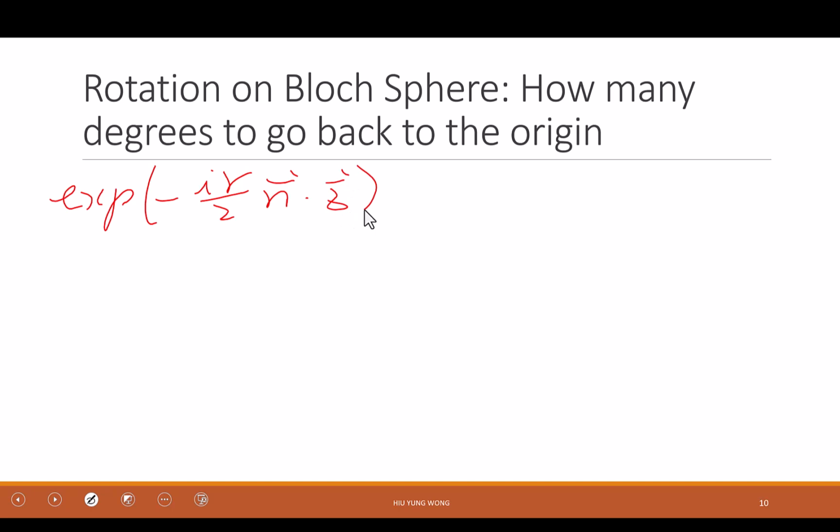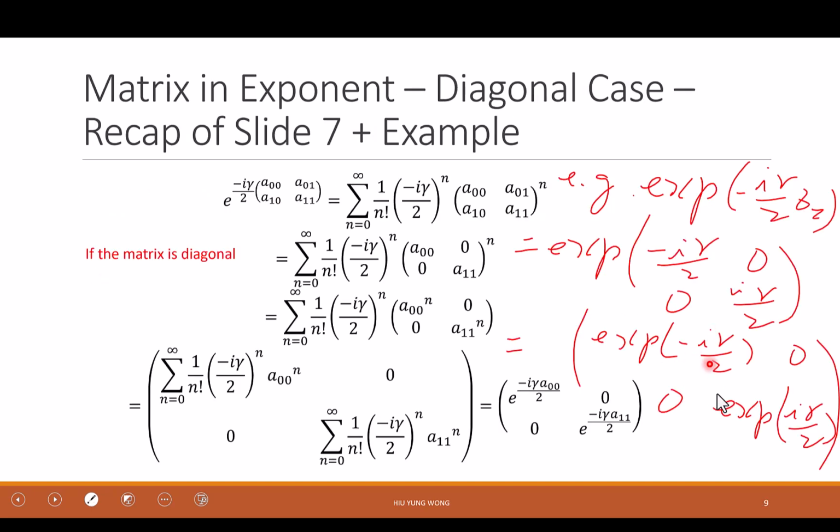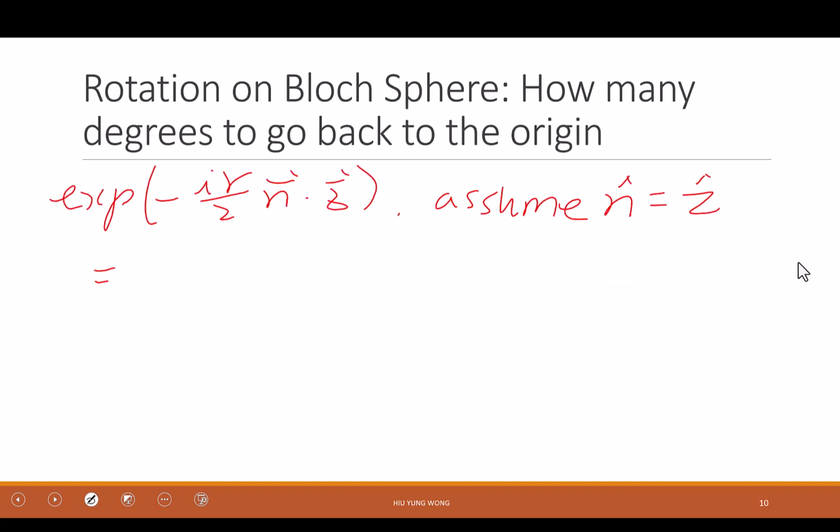Now, I showed that earlier, but this time instead of doing the math, let's assume this is difficult to prove, so I only give you an example. Assume n equals z hat. Then, because it's z hat, this is diagonal, so this is easy.